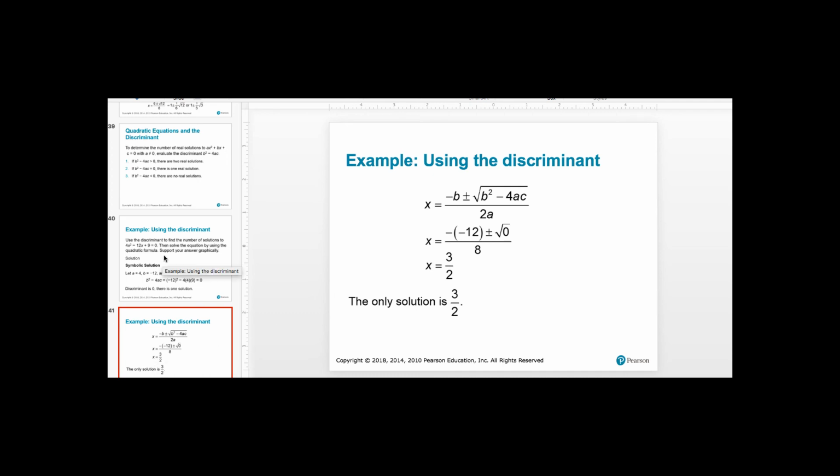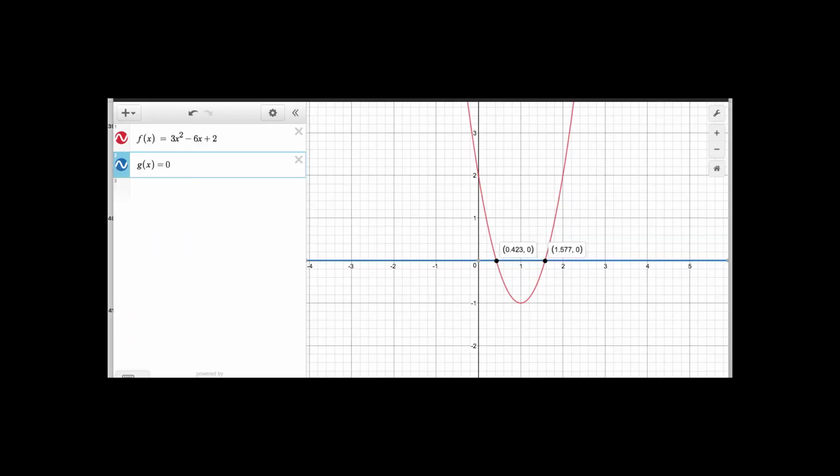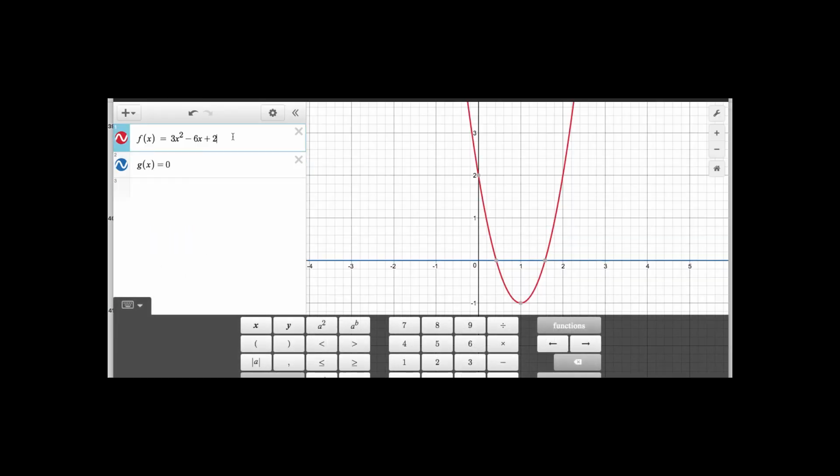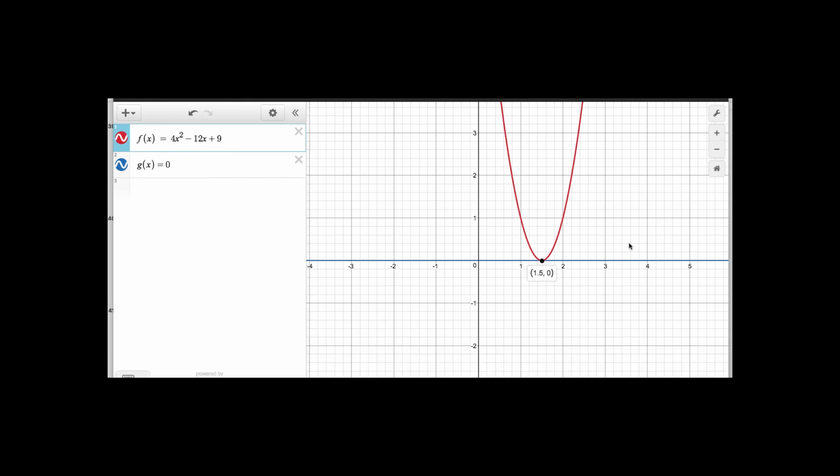Again, if you want to see that graphically, let's see, 4, negative 12, 9. Notice that we end up only touching the x-axis in one place at 1.5, which is 3/2, right? 3/2 is 1.5.